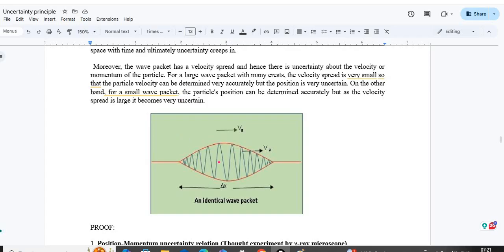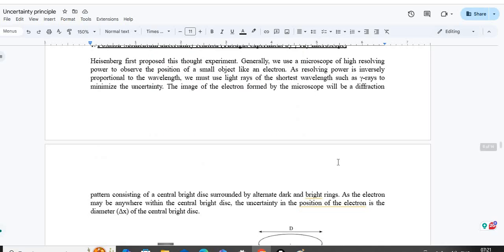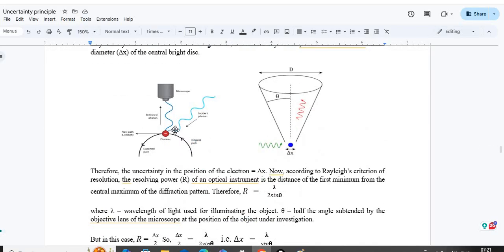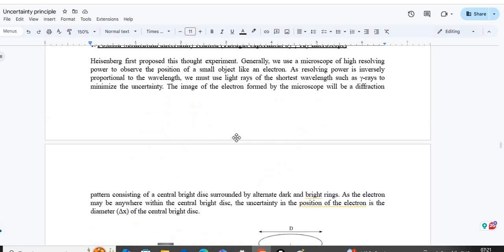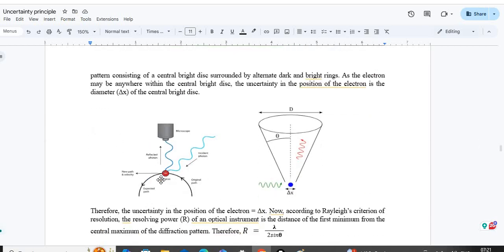Now to explain this, we are going to use one simple experimental idea, which is known as the gamma ray microscope experiment. In this experiment, we are assuming that electrons are available, represented by a circle, but actually it is represented by this wave packet. To see any object, we need to put some light, some photon, over there.